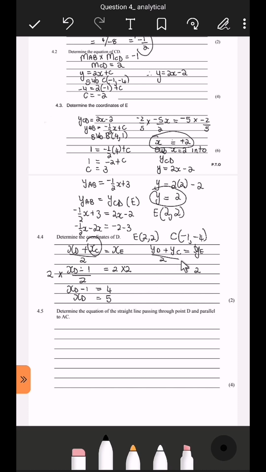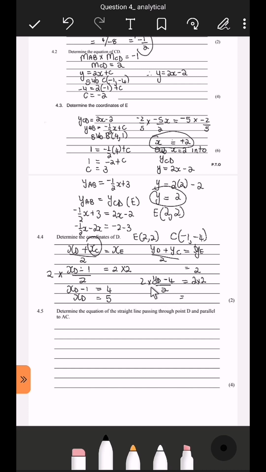And then on this side, in terms of the y coordinates, we have y of C. So we're going to say y of D minus 4 divided by 2 equals 2. We multiply both sides by 2.